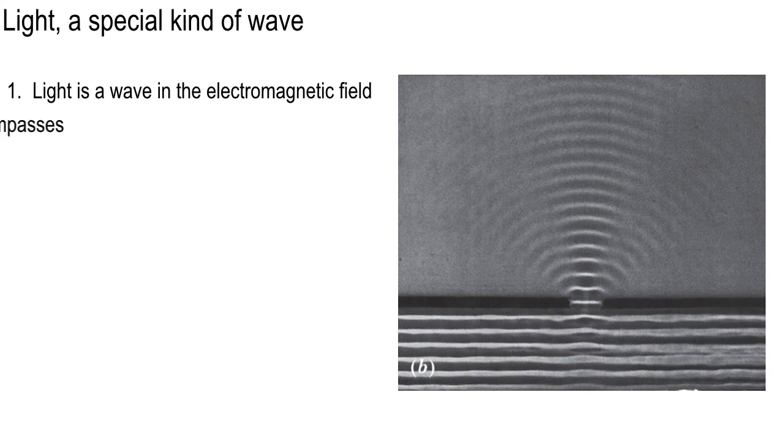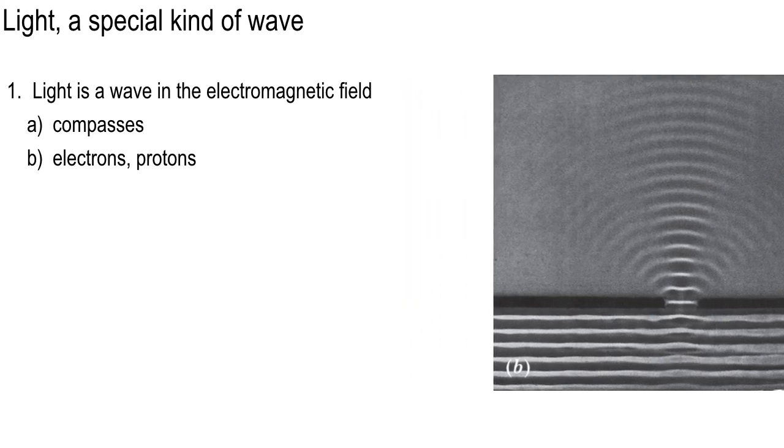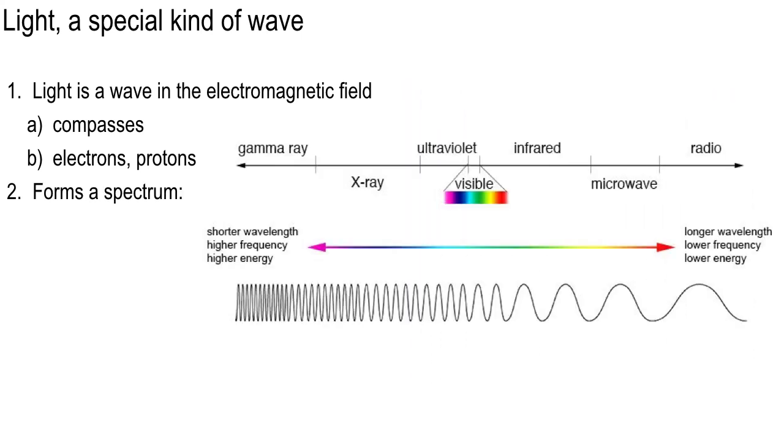Right? So light is a wave in the electromagnetic field, which controls compasses and charged particles like electrons and protons. Now, the light forms a full spectrum. So let's take a look at a spectrum. Okay. Now, the shorter wavelength is down here to the left. So this represents wavelength.